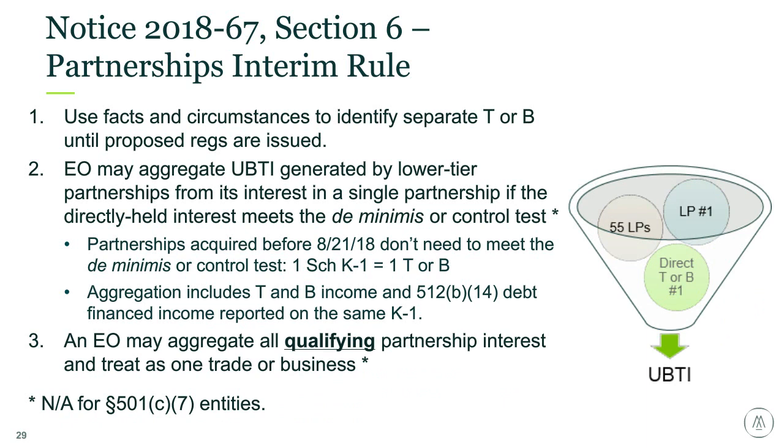If you have 56 limited partnerships and 55 of them meet the de minimis or control test, they're all considered one UBI activity. If the 56th one doesn't meet that, it is considered its own activity. And then any other trades or businesses would be their own separate activities. And this is not applicable for 501(c)(7) organizations. They have their own sets of rules for this.